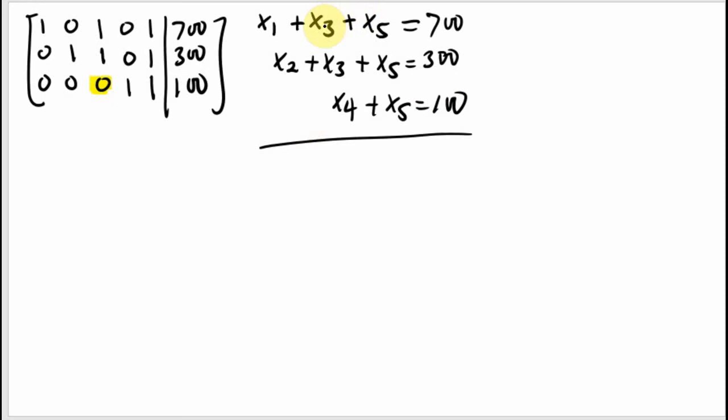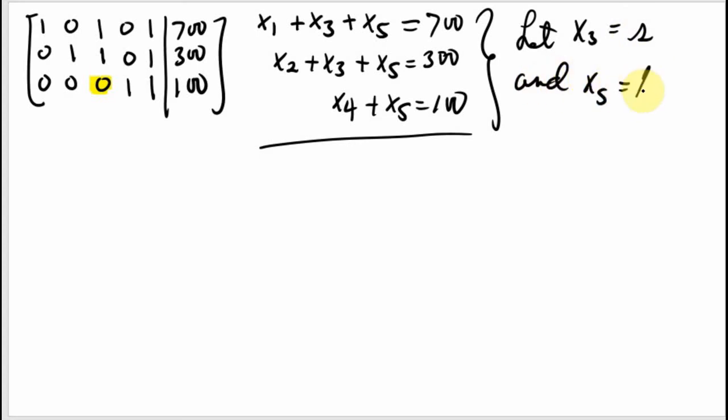Notice that all three of the equations depend on x sub 5. That's a parameter. And then we already said that x sub 3 is a parameter. So what that means is that we say let x sub 3 equal s and x sub 5 equal t.